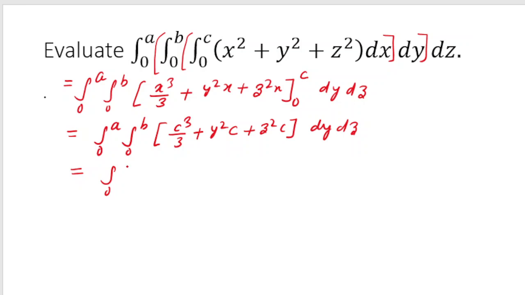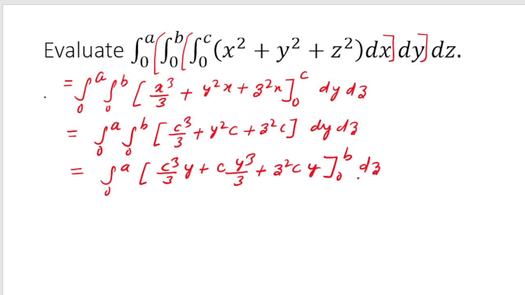Next we integrate with respect to y, with limit 0 to b. First c cube by 3, and the integration of dy is y. Then c times y squared gives y cube by 3, and plus z squared c times y, with limit 0 to b, and then dz.